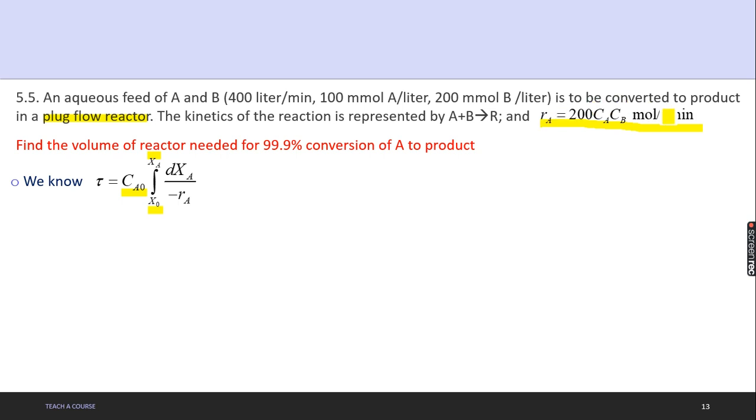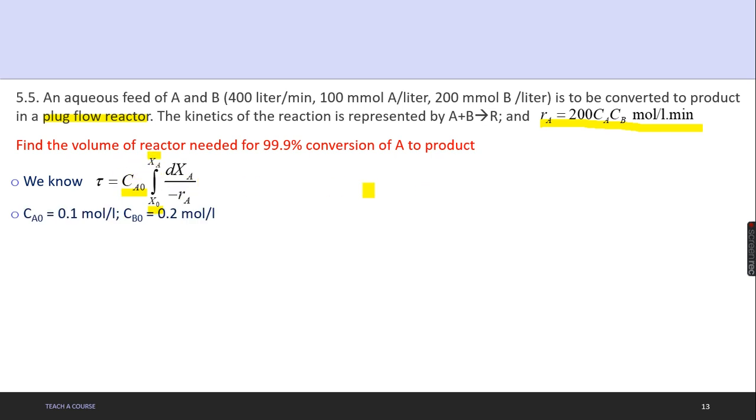We already know this is 200 into Ca into Cb, but the integration is in terms of X, so we need to write Ra in terms of X, not necessarily Ca and Cb, before we integrate.